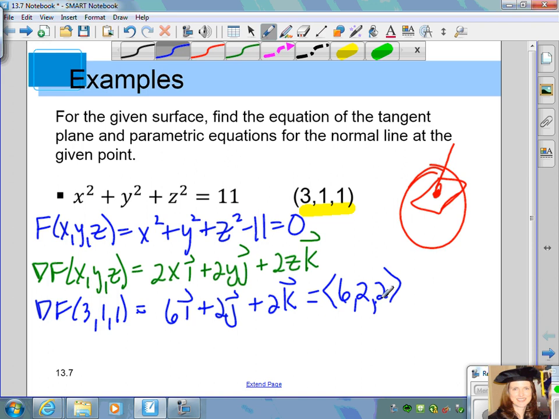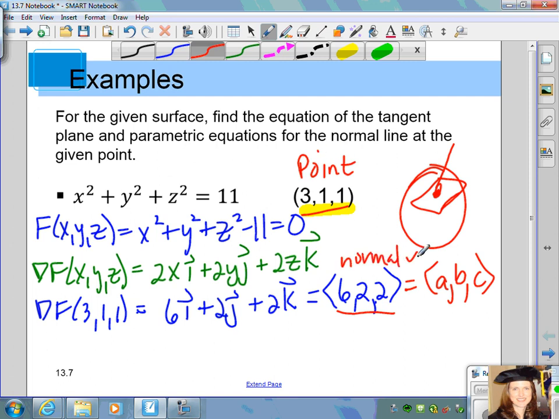The components are 6, 2, 2. This is going to be your normal vector to the plane. So the components are going to be a, b, and c. This is your normal vector, and this is your point. You're going to use those to find the equation of the tangent plane.